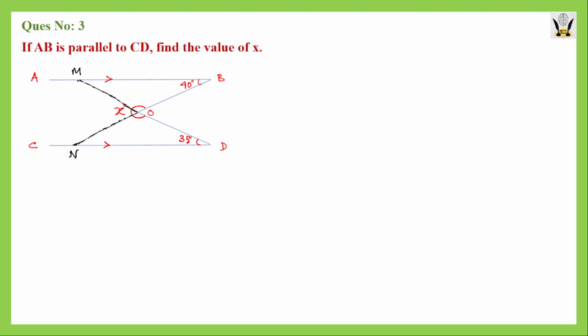We have produced it till M, that has met AB at point M. And similarly, this straight line OB has been produced till N, that has met CD at point N. As this straight line AB is parallel to CD, and BN is the transversal, then this angle ABO, which has been given as 40 degree, and this OND will be alternate angles. So the value of that angle OND will be equal to 40 degree.